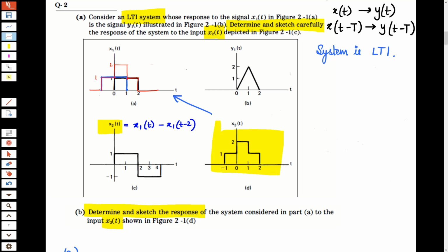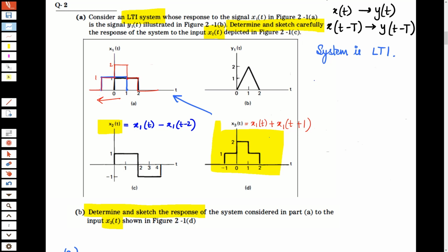Right? That means x3(t) is nothing but x1(t) plus x1 shifted this side by 1 unit. That means x1(t+1). Now because x3(t) can be written as x1(t) plus x1(t+1), that means what would be the output?